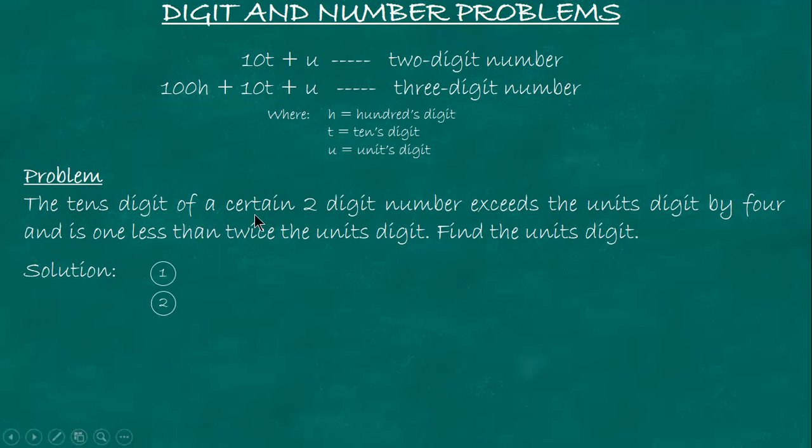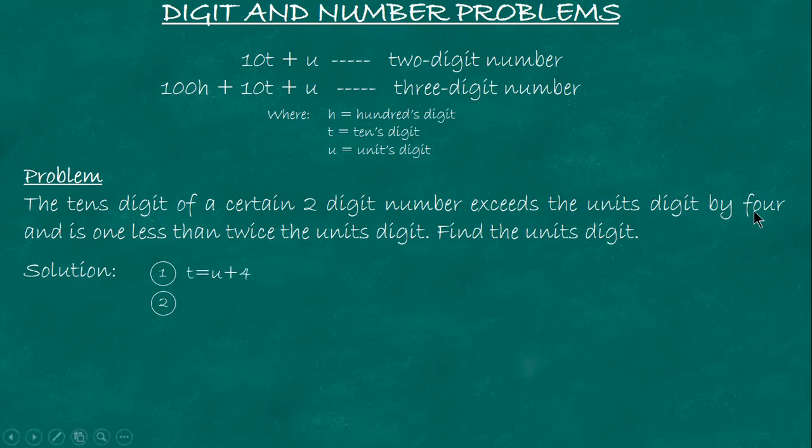The tens digit of a certain 2-digit number exceeds the units digit by 4. So the tens digit exceeds the units digit.